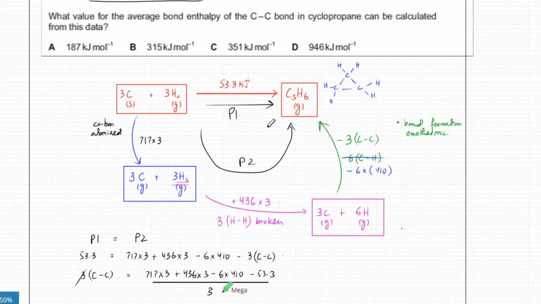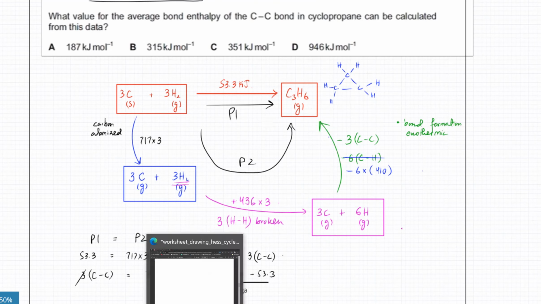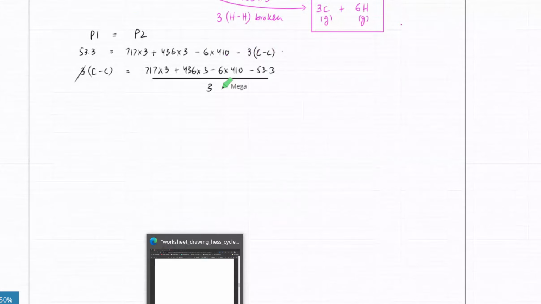But at the end of the day, if you get 10 questions, most of the questions don't require drawing the Hess cycle. There are very few questions that actually require drawing it. For the other questions, there's a simple rule and a simple formula, but the formula is conditional.